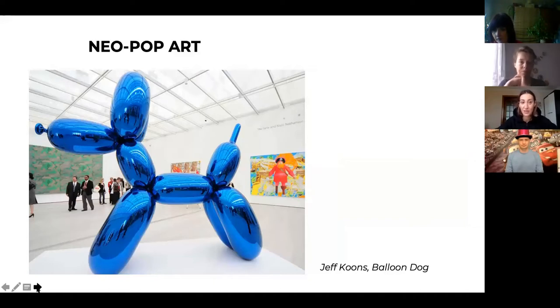And in the 80s, pop art was reborn with a new neo-pop art by Jeff Koons. And here is his very famous artwork, Balloon Dog, which was sold for a record sum in US dollars. And I'm going to ask you again, how much do you think this Balloon Dog cost?